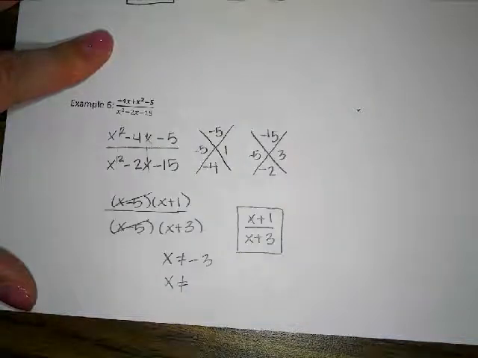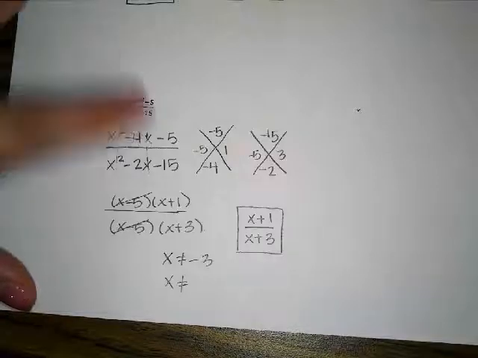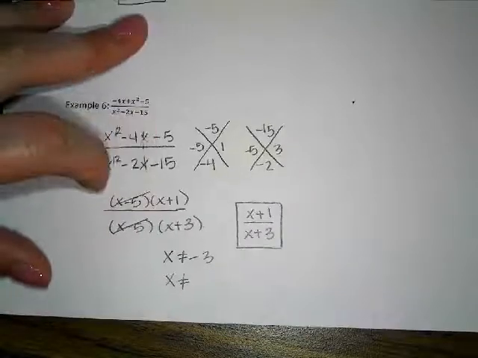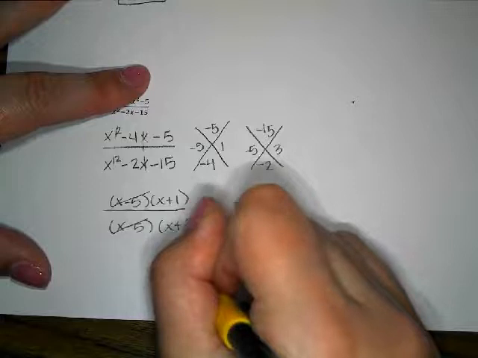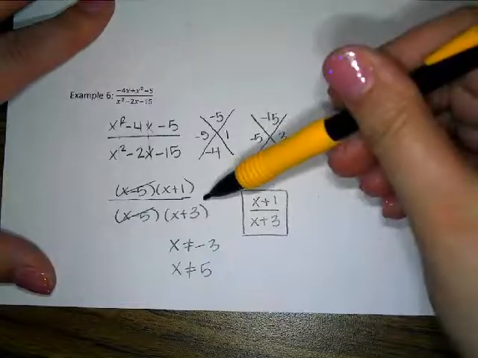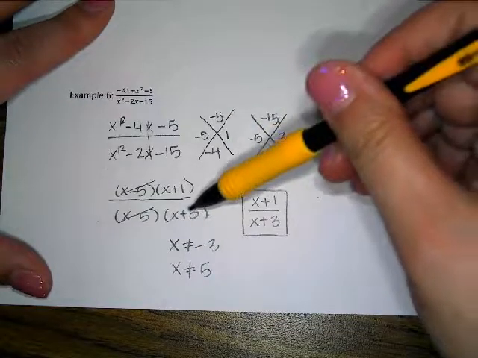How'd you get the -3? Okay, so what would the other one be? So if it's a -3, the other one would be +5. So to find the excluded values, you always look at the factors on the bottom, even the ones that canceled, and it's just the opposite sign. So -3, +5.